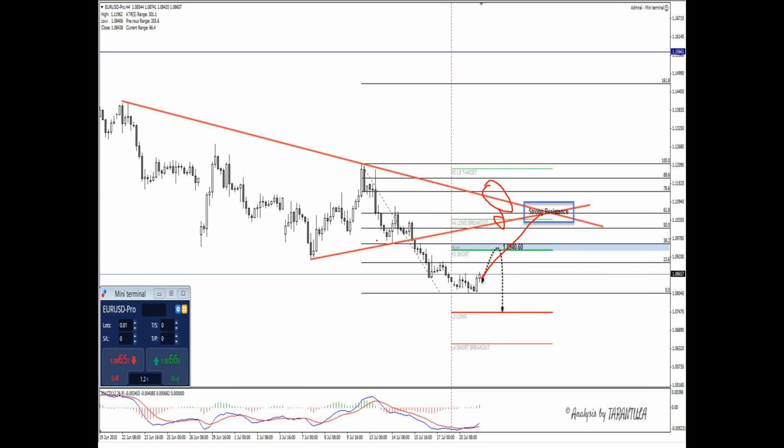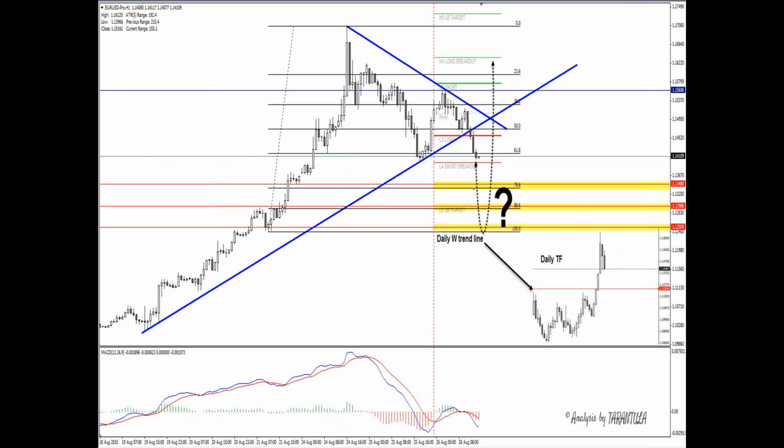Now this is also an example of the 1 hour euro dollar chart, and this chart also has an X point resistance. If you remember, this was the analysis from a couple of days ago. The price hit 1350 and then spiked for some 1780 pips.